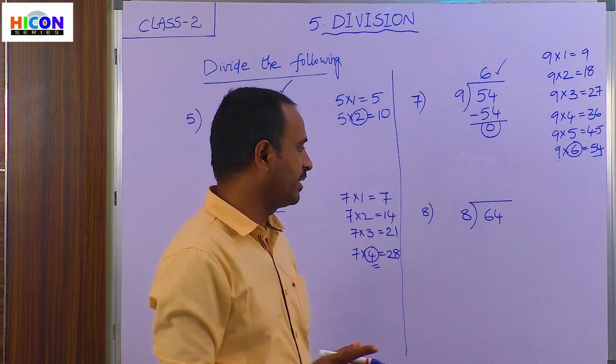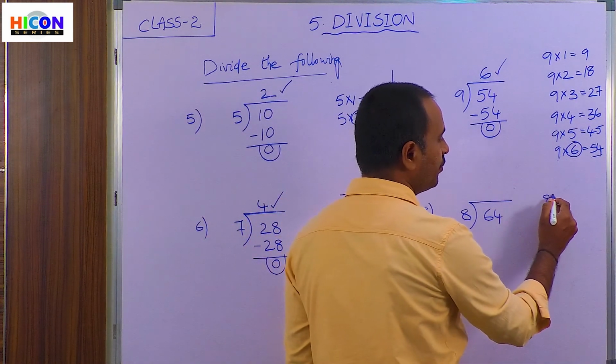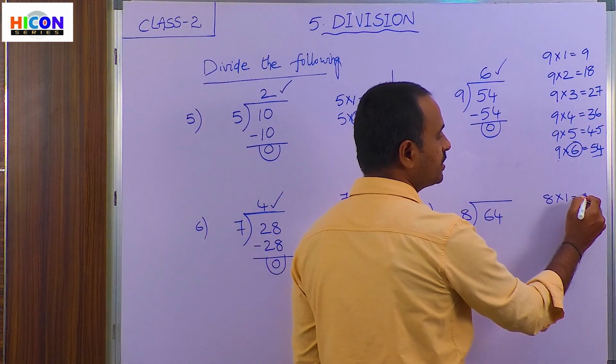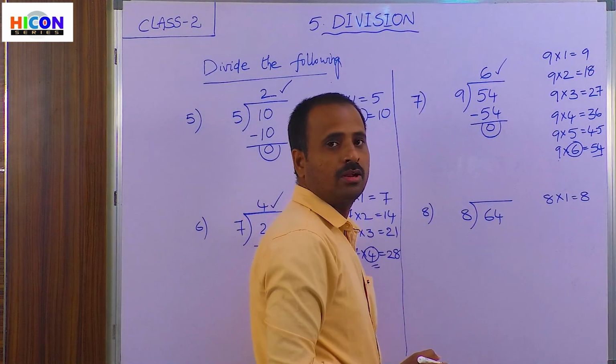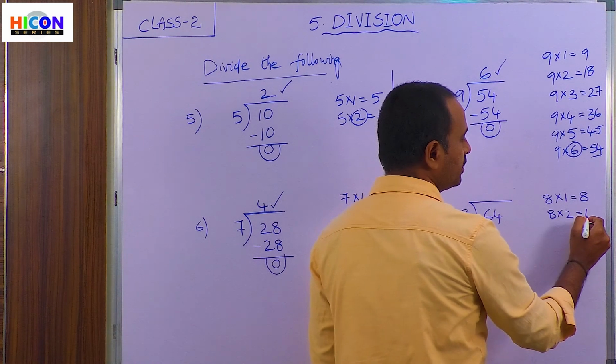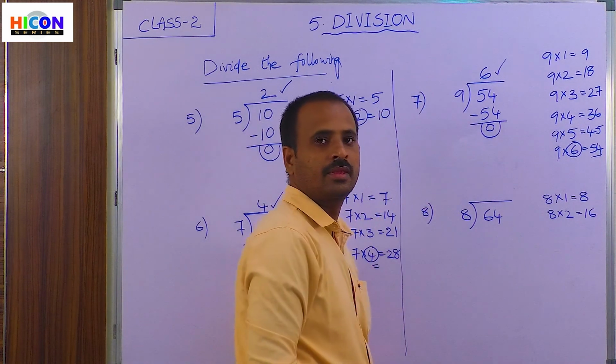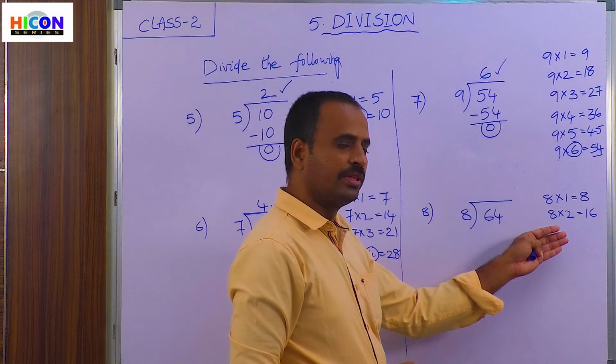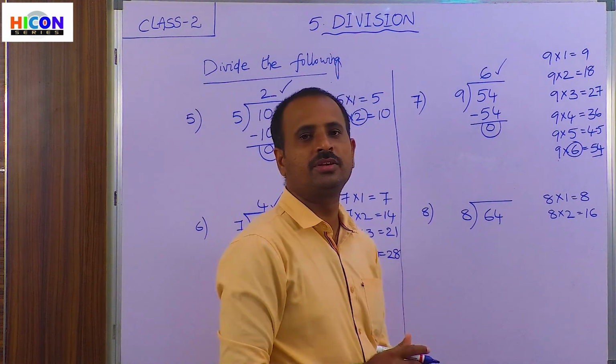That means to take 1 time, that is 8 ones are 8. Now take 2 times, that is 8 twos are 16. So you have to continue this until you get the number 64.